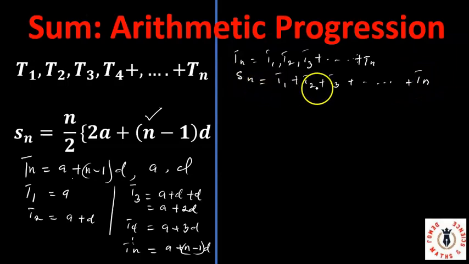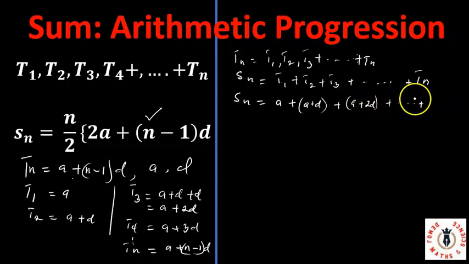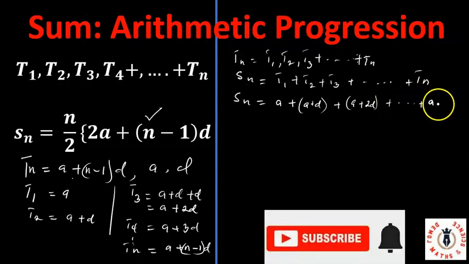So if I add it this way, I can conveniently replace my T1. Let's replace my Sn to be equal to my T1, which is a, plus my T2, remember it is a plus d, my T3, which is a plus 2d. I'll continue this way until I come to my Tn, which is the same thing as a plus n minus 1 into d.